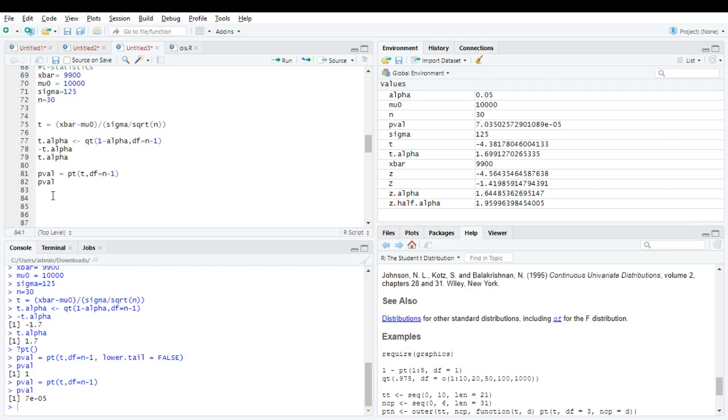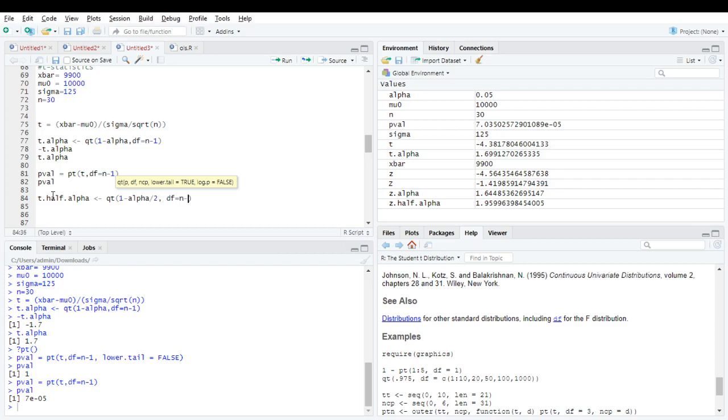the two-tail test of population. We have done the lower, we have done the upper. Now we have to do the two-way test. We also know how to do that. In this case, our t alpha will be qt of 1 minus alpha divided by 2.